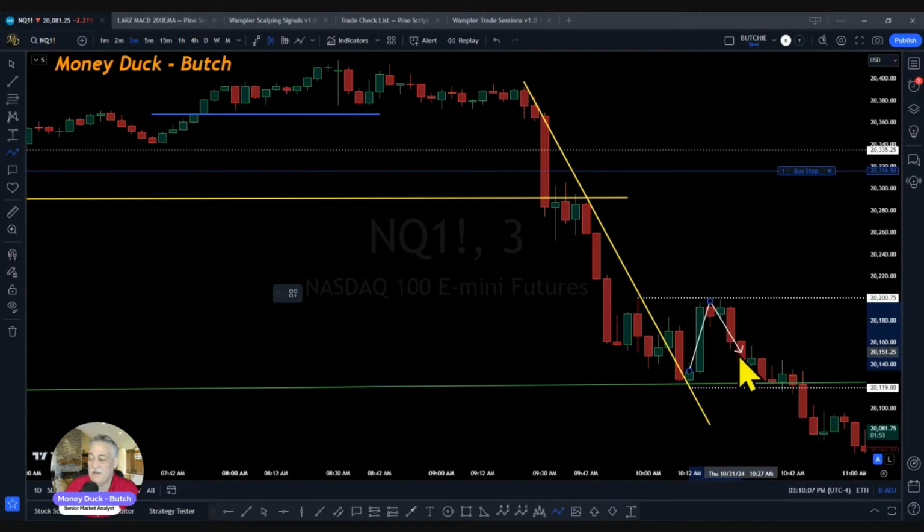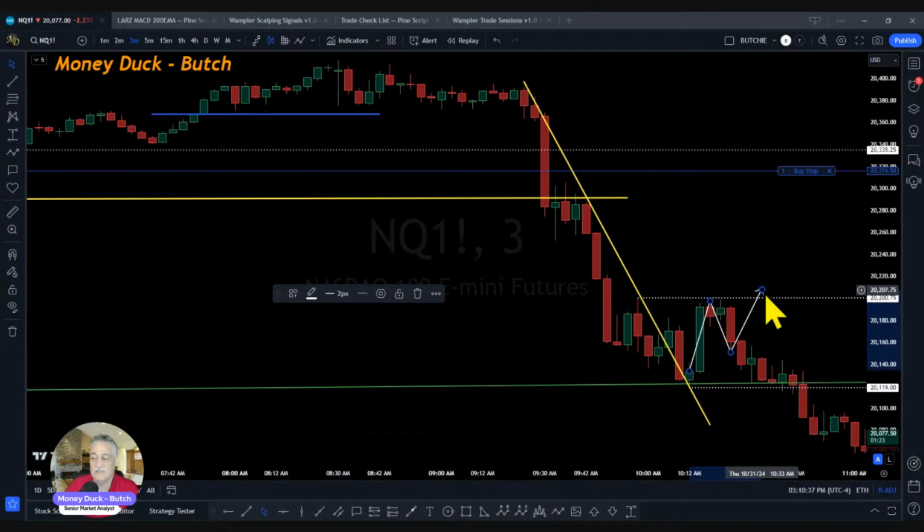I want to wait for structure to build up in the other direction. If it would have come down here and formed a low and went here, as soon as it breaks this, okay, because I drew the line here, that line would have been drawn off that point. As soon as it breaks that line, what do you say? We're making a higher high. I mean, you can't take it back. Again, when price breaks that line, it is technically already in the making of a higher high.